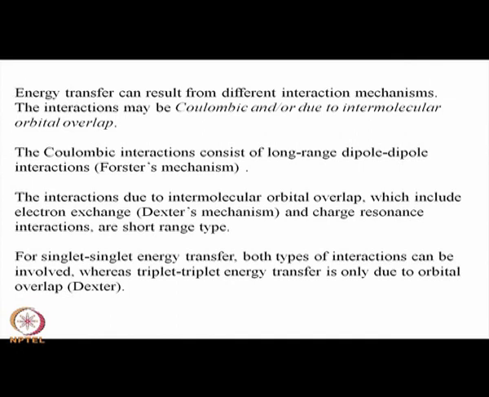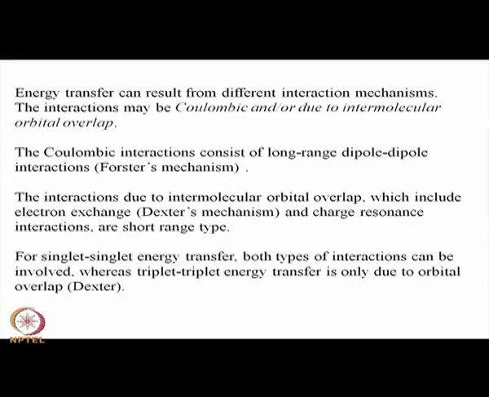So, these are the two prime mechanisms, and for singlet energy transfer, both types of interactions can be possible, Coulombic as well as intermolecular orbital overlap, because for singlet to singlet interaction the separation is not that large. In that case you can think of orbital overlap as well.